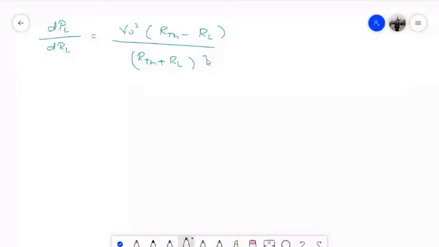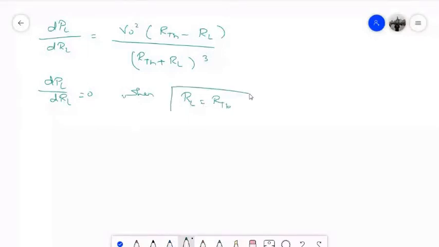Now, by looking at this equation, you can see at what condition or at what value of RL this equation will become 0. So when this RTH is equal to RL, only then this equation will become 0. So dPL by dRL is equal to 0 when RL is equal to RTH.